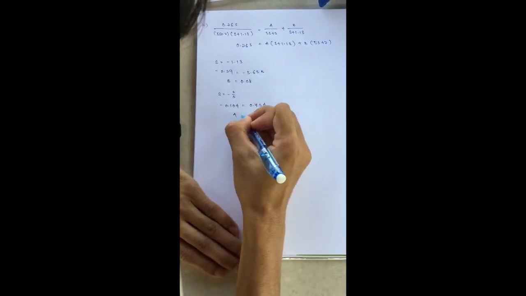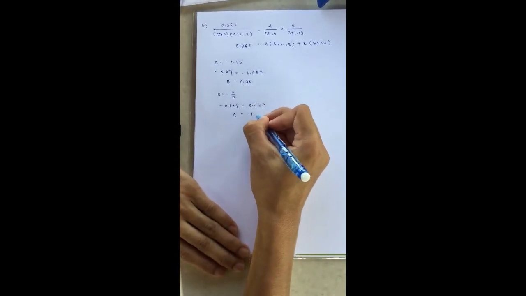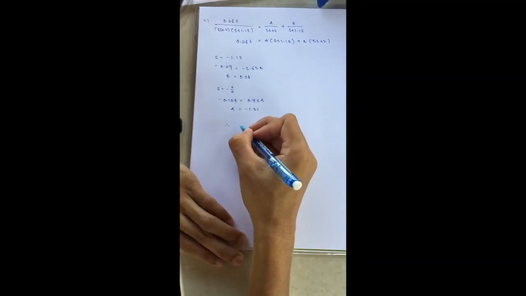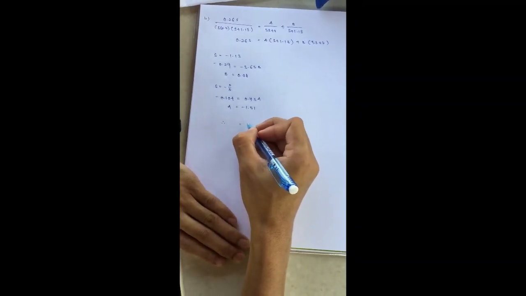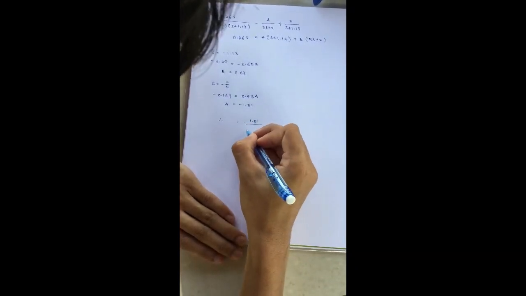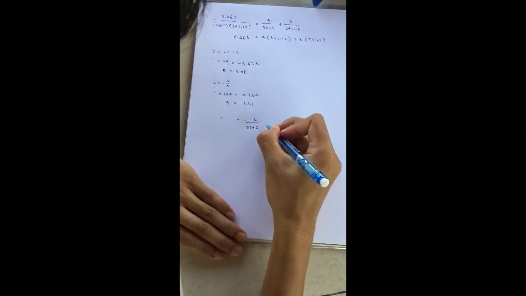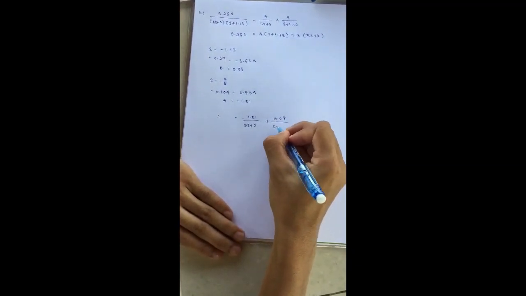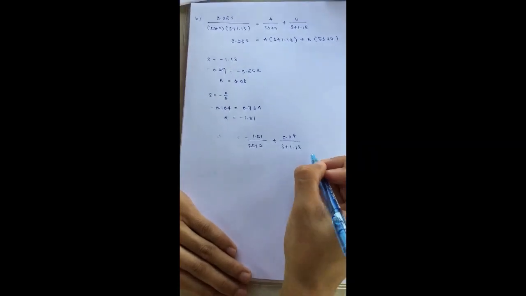Then we get the value of A is equal negative 1.51. Hence, the answer for B is negative 1.51 over 5S plus 2 plus 0.08 over S plus 1.13.